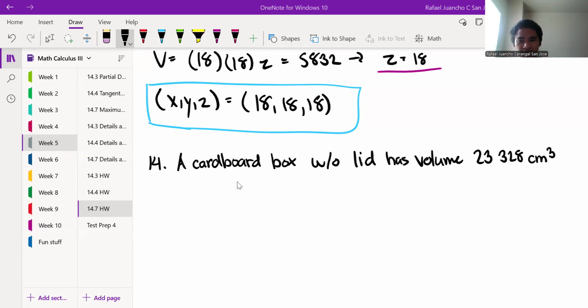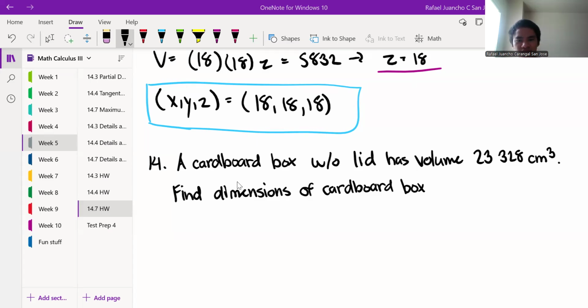So here we're being asked to find dimensions of the cardboard box to minimize the cardboard box used. So now how do we do that?